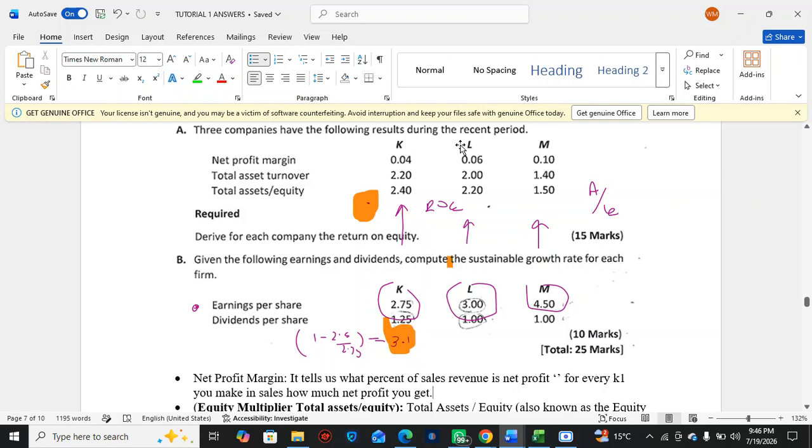For company L, it is 6 ngwe. For company M, 10 ngwe is their net profit. So in terms of net profit margin, we can see company M is doing the best. For every sale they are making, they are keeping more net profit.